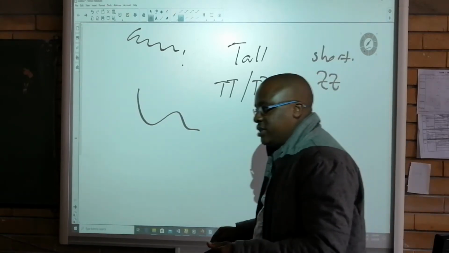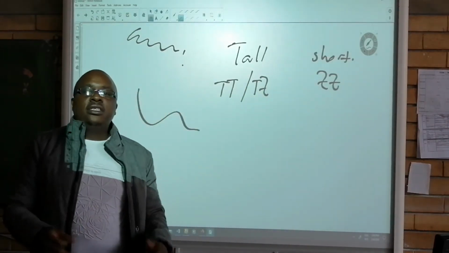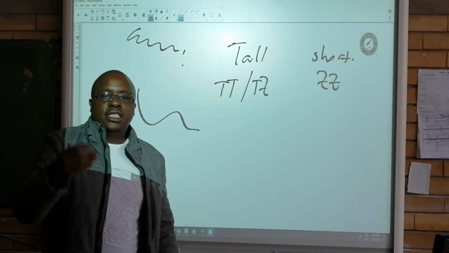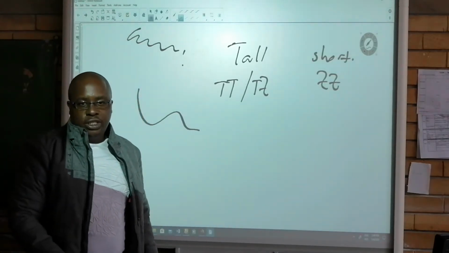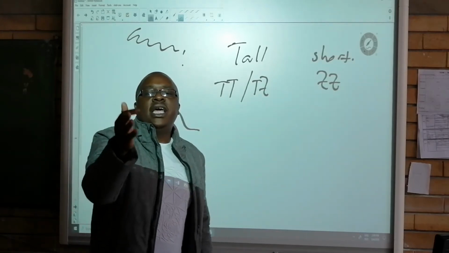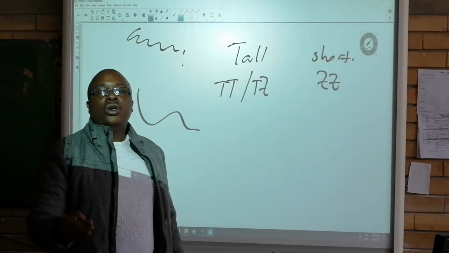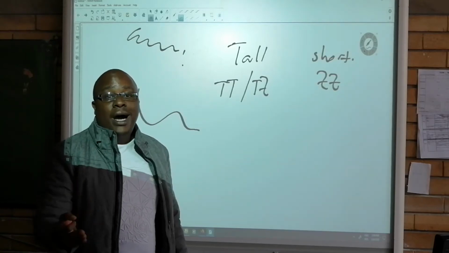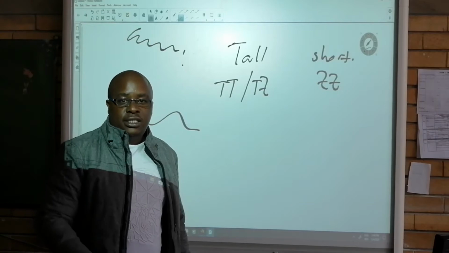Now, listen to this. P plant A is tall. What is the genotype? You don't know. That's the question. P plant A is tall. Write down the genotype. You can't. Why? Because tall is the dominant trait.